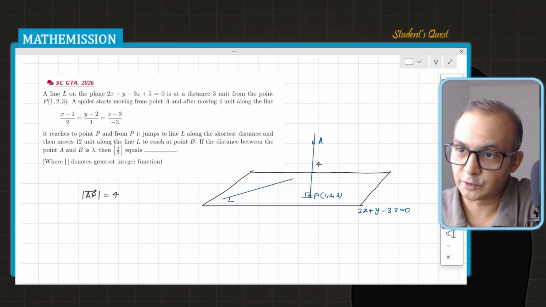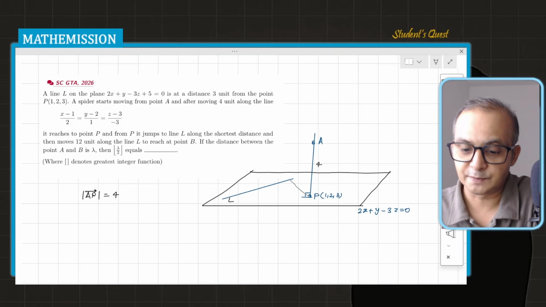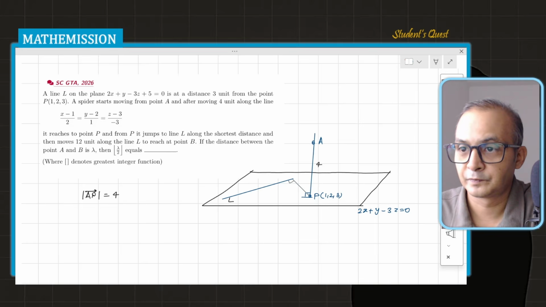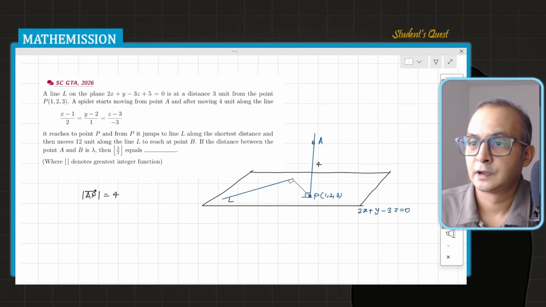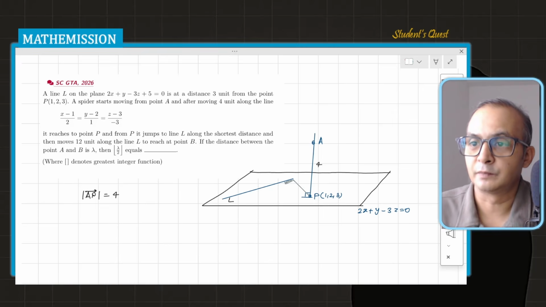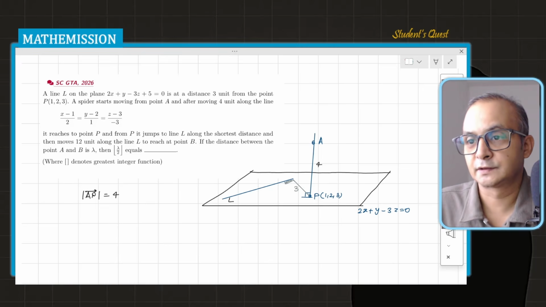You have to take the minimum distance, and when you take the minimum, it must be perpendicular. Let's say this is the perpendicular distance I have taken from this, and this length is 3 units.